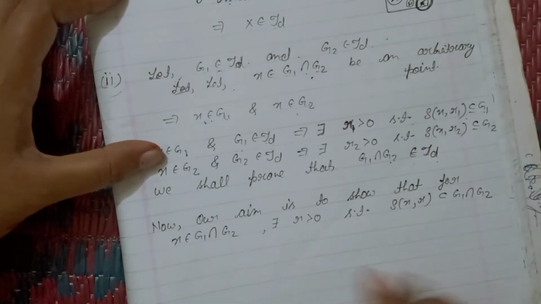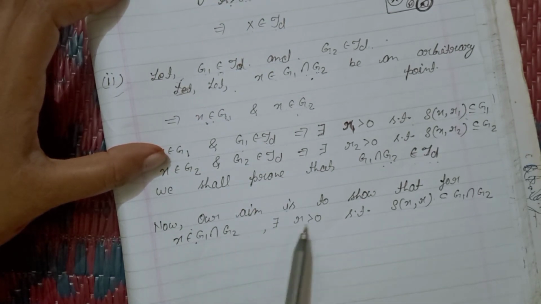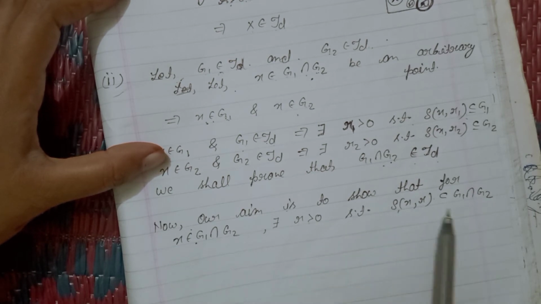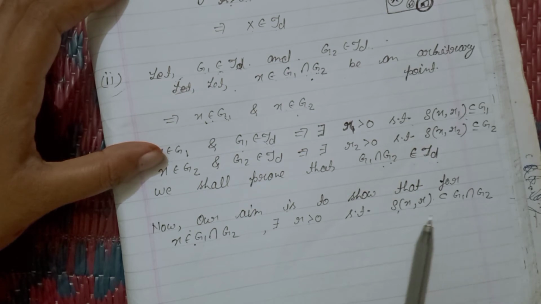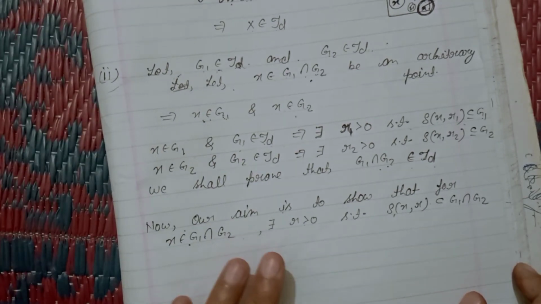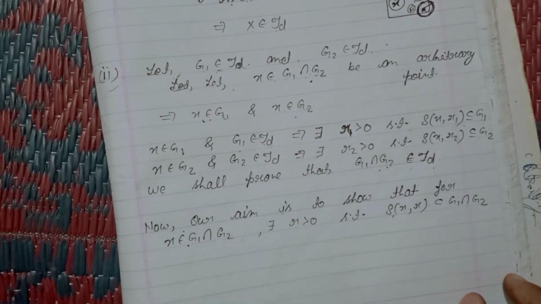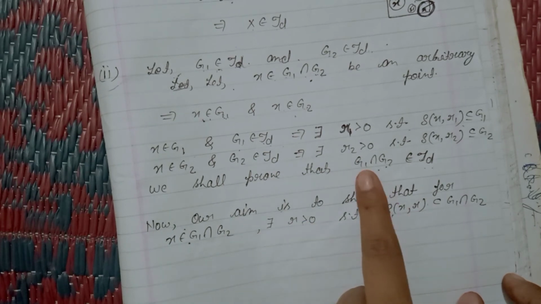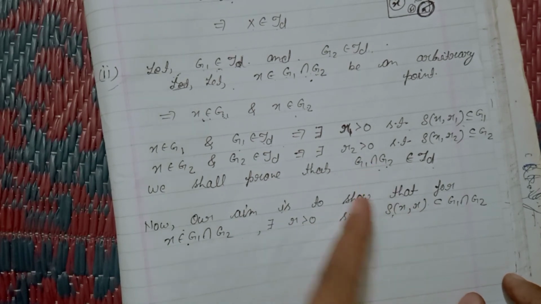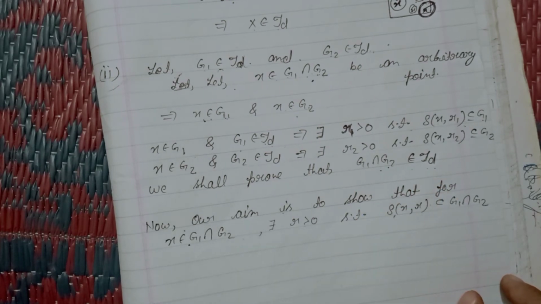If we have shown this condition, then my work is done: G1 intersection G2 must belong to TD.